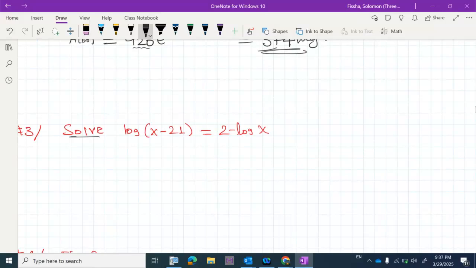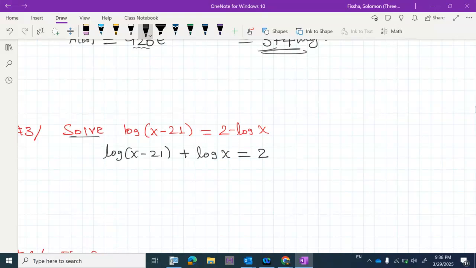So the first thing to do about this one is you have to bring the like terms together. That means logarithm is here, another logarithm is here, just bring that to the left side. So that means log of x minus 21, plus, because this is minus, it's going to be plus log of x equals 2.